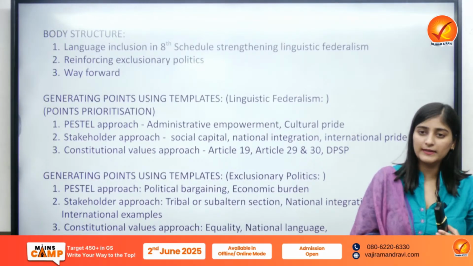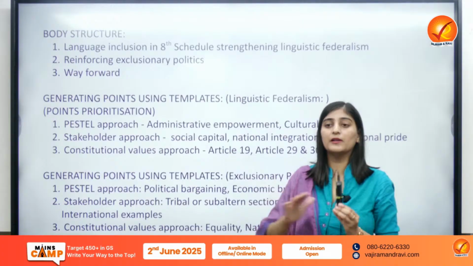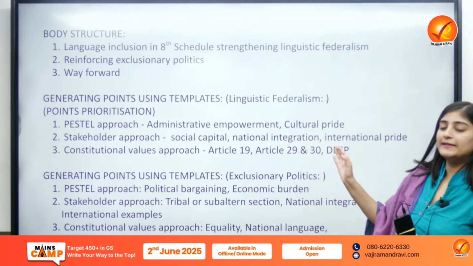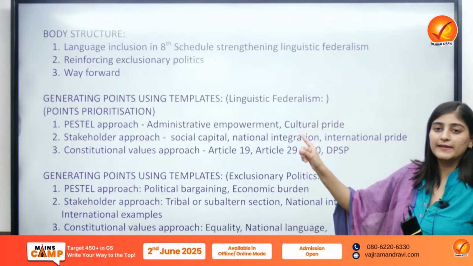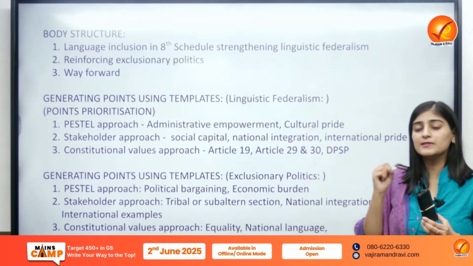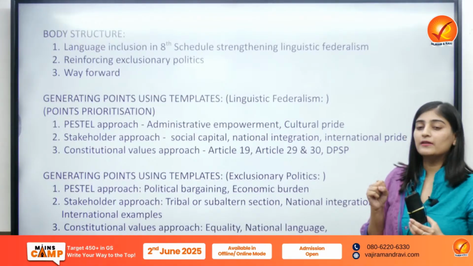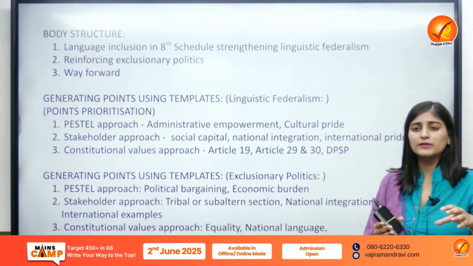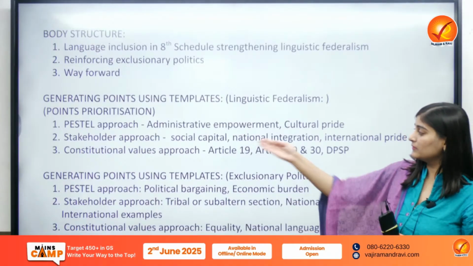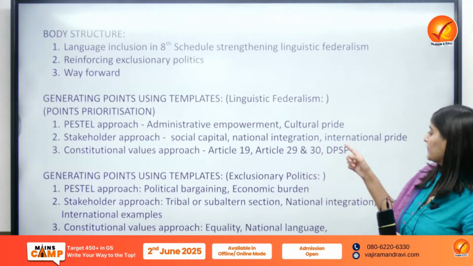People strive to learn that language, which creates a social capital, a network of people who speak that language. Thirdly, national integration, that I mentioned here, the cross-cutting identities. You can mention that here as well. It creates some cross-cutting identities which look over the small disturbances, small cleavages, and integrate the nation as a whole.